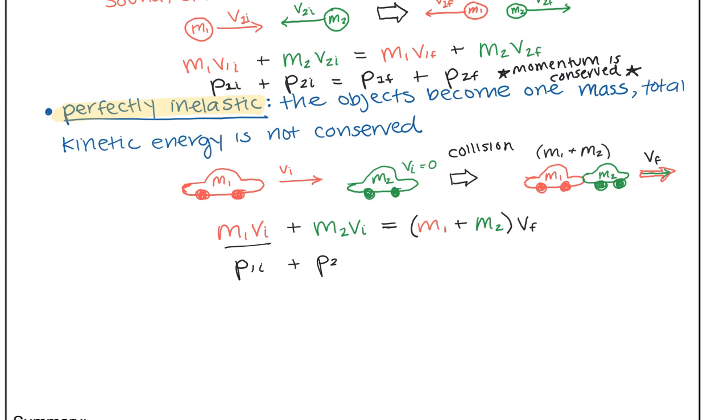Let me rewrite this. Car 1's initial momentum plus car 2's initial momentum is going to equal the final momentum of this entire system, the two cars and their final velocity at which they travel. So again, momentum is still conserved, even though they're going slower.